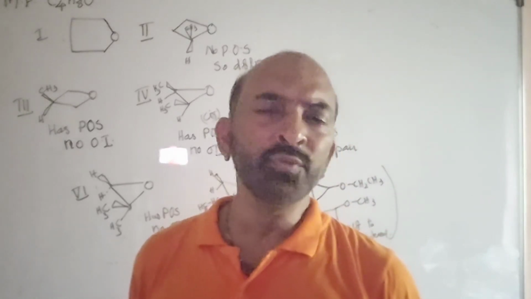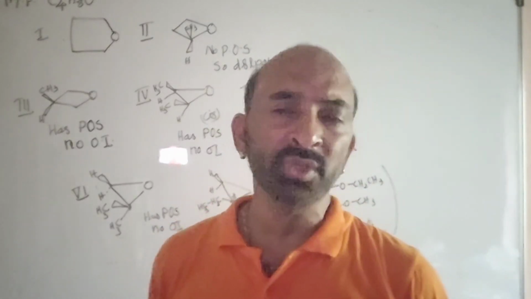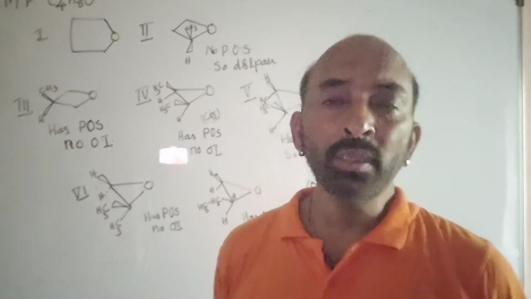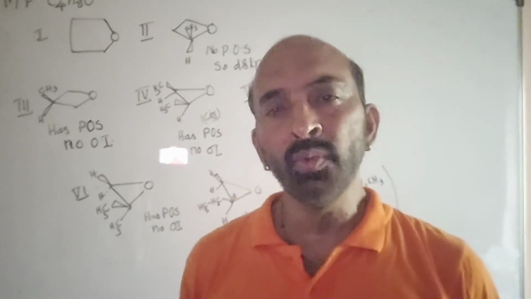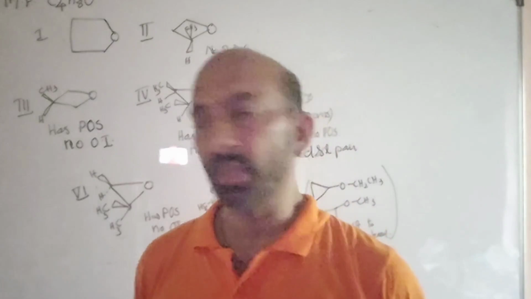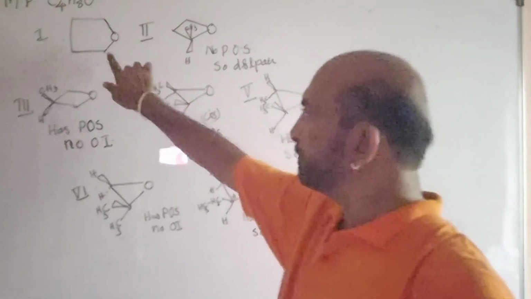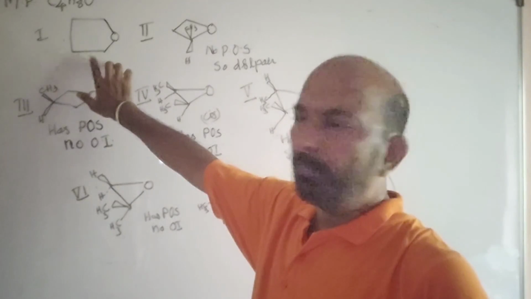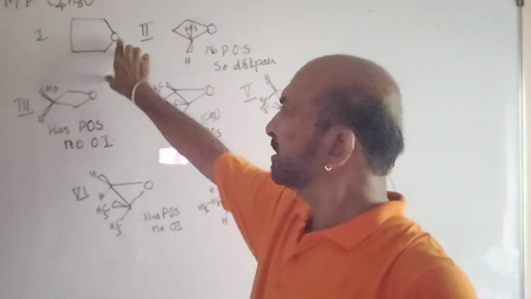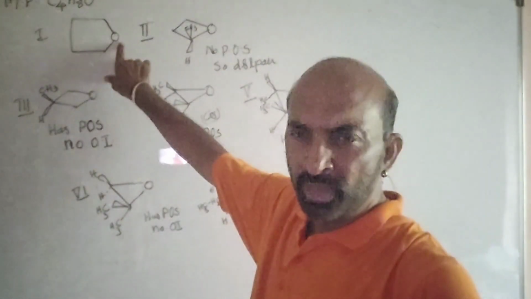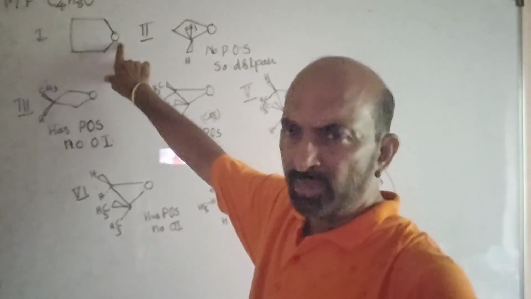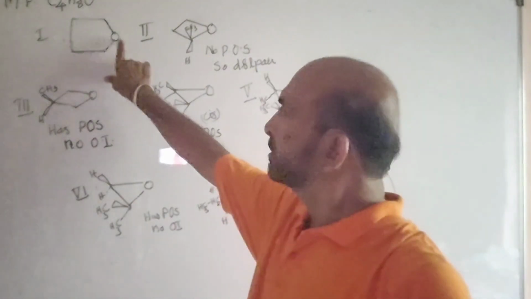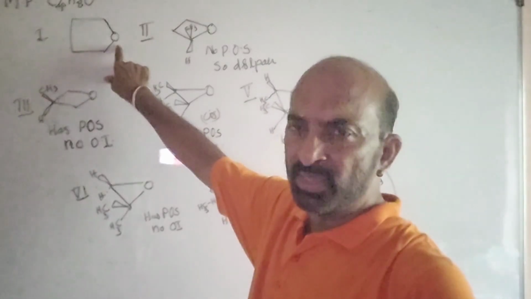But here it is not C4H10O, but C4H8O. So it must be a cyclic compound if it does not have a double bond. Then the first possible structure is a cyclic ether in which oxygen is part of the ring. They have specifically asked for cyclic ethers, so this will be the first case to be considered.